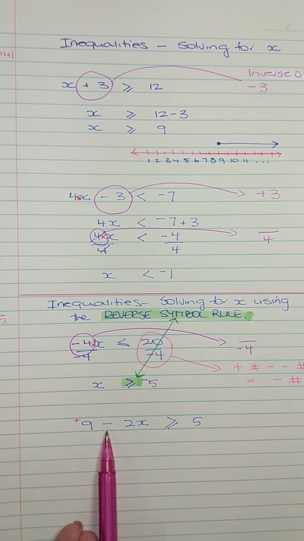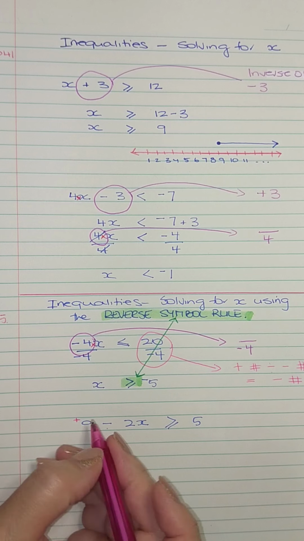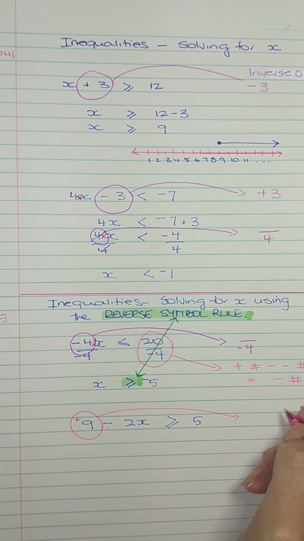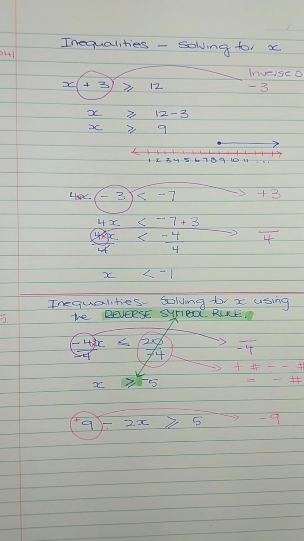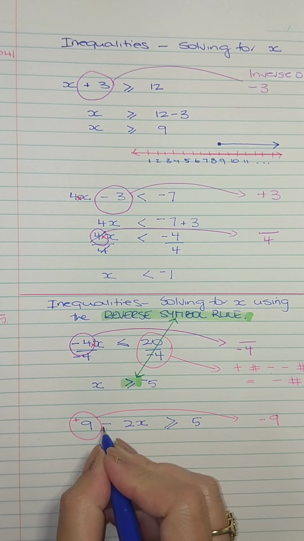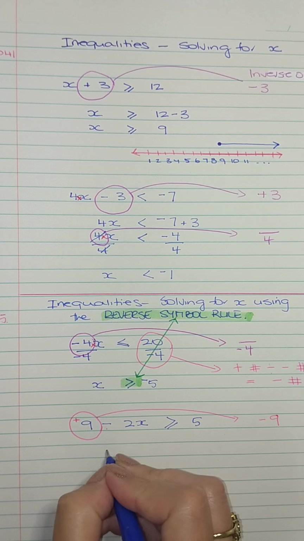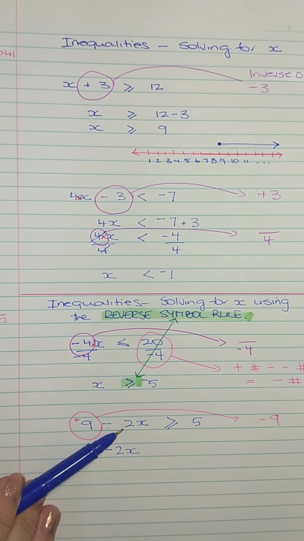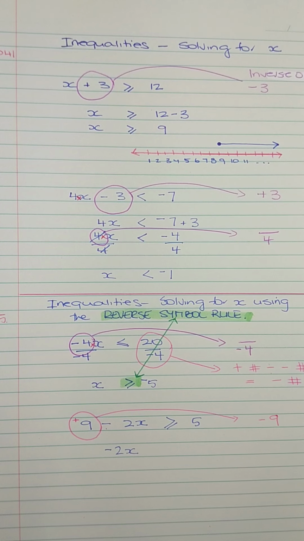We're going to be ignoring this symbol. So the inverse operation of a positive 9 is minus 9. So we're going to take 9 from both sides, but this minus sign doesn't actually disappear. It belongs to the 2x. So this is actually negative 2x.